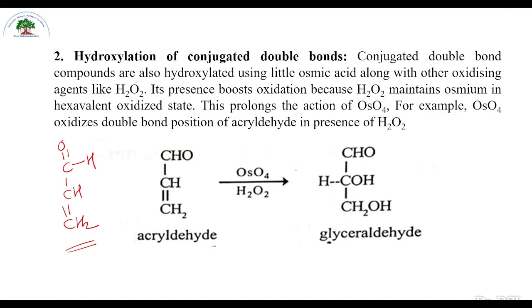But in presence of oxidizing agents such as hydrogen peroxide, osmium tetroxide can also oxidize such conjugated double bonds. Here is one example, acrylaldehyde upon oxidation with osmium tetroxide in presence of hydrogen peroxide gives glyceraldehyde. Here this double bond is converted into single bond, and two OH groups are introduced. This is glyceraldehyde.